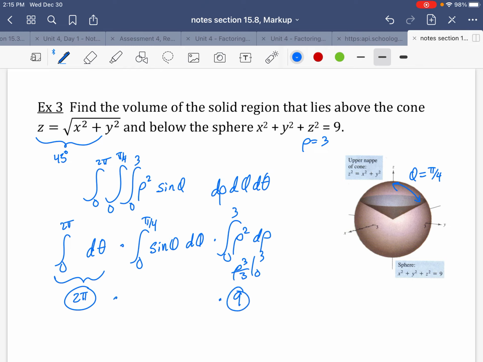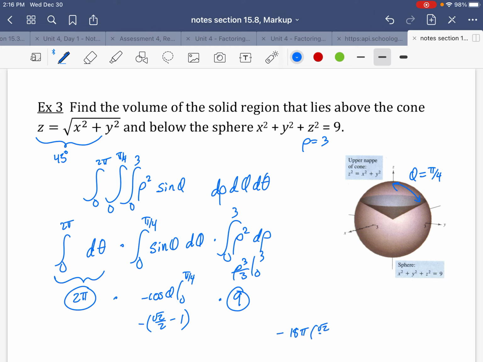Okay, so this middle one's going to take a little bit more work, but integral of sine is going to be negative cosine. And from 0 to pi over 4. All right, so negative and cosine of pi over 4 is radical 2 over 2, minus cosine of 0 is 1. And so basically, we're multiplying these 3 things together. So my 9 and my 2 pi, so 18 pi in front, so I'll get negative 18 pi.